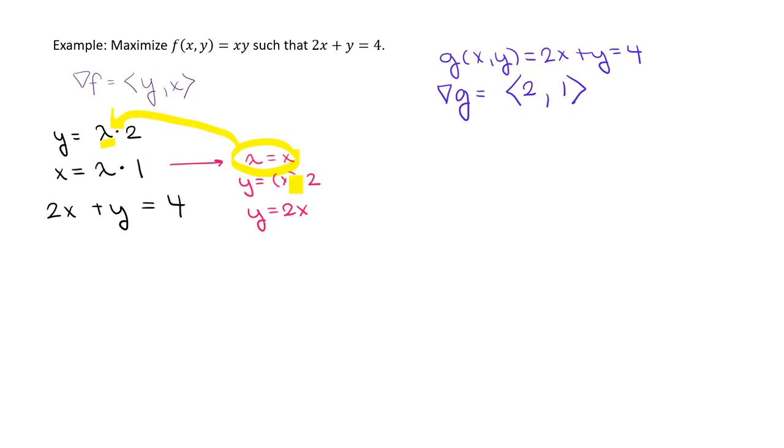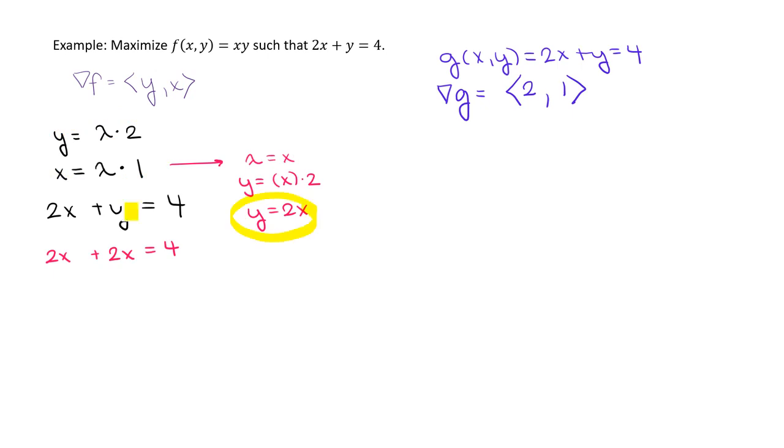So if lambda equals x, then the first equation turns into y equals x times 2, or y equals 2x. Okay, so if I use substitution on these first 2 equations, I get y equals 2x.